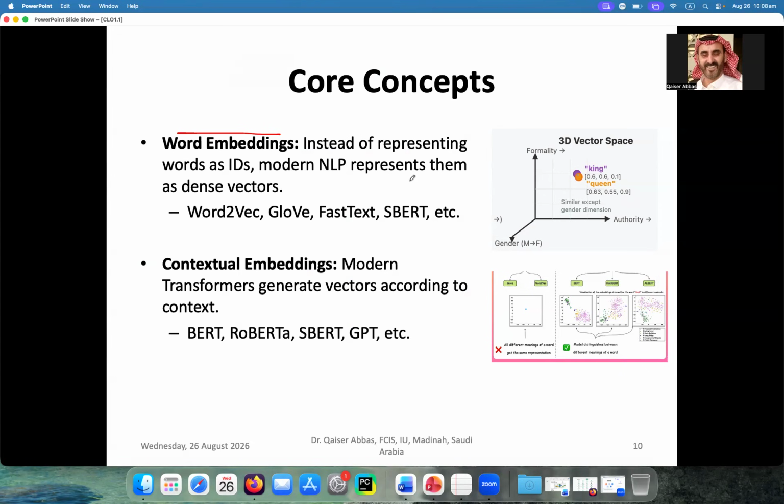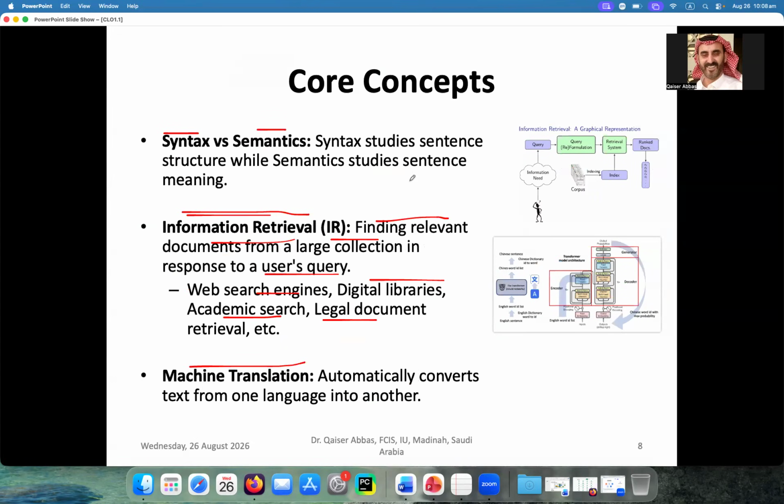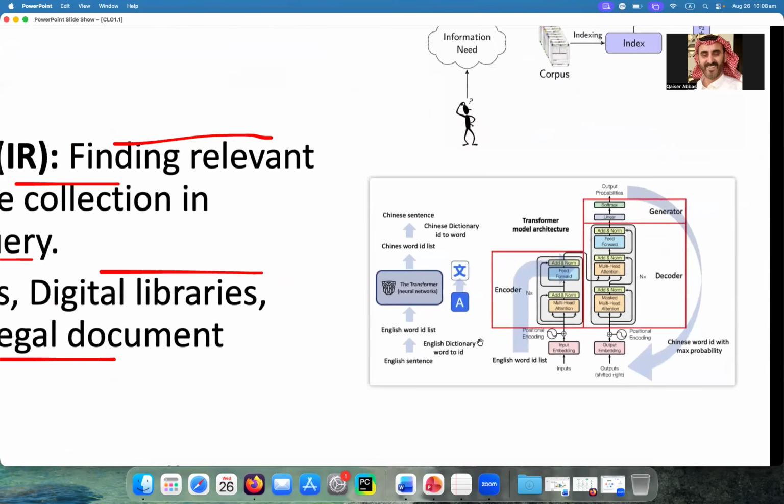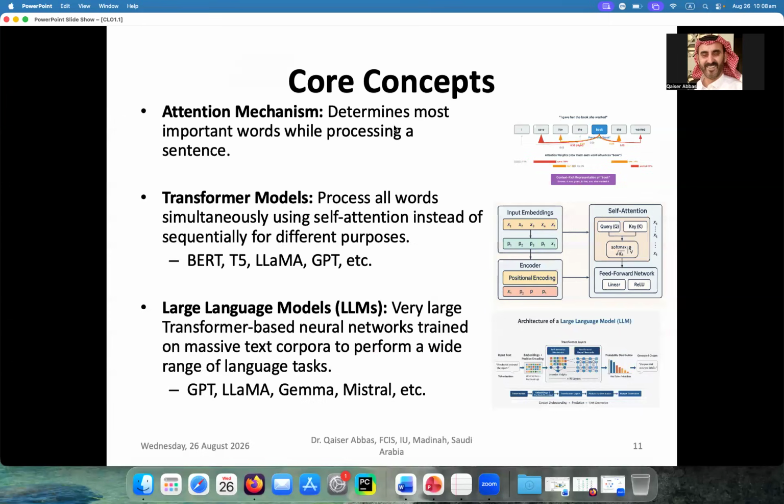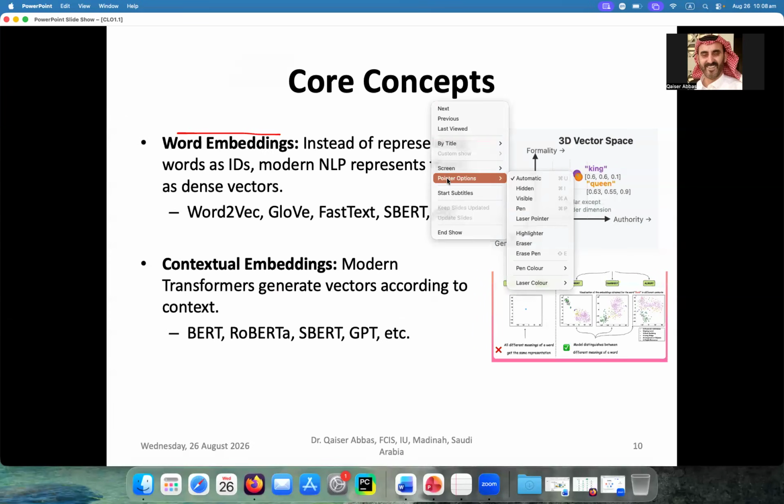So, in the previous machine learning model here, we converted into IDs, and then after that, we are converting it into embeddings. Here you can see input IDs, and then here input embedding.